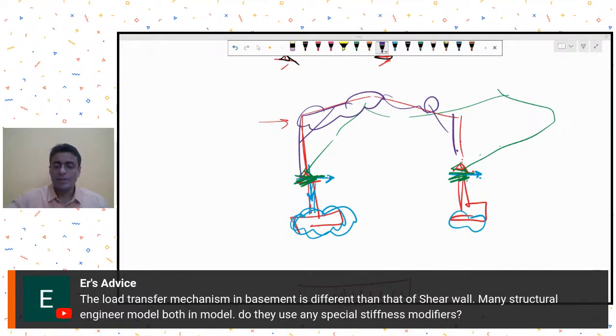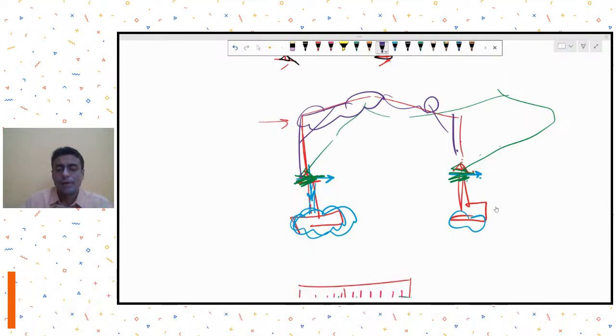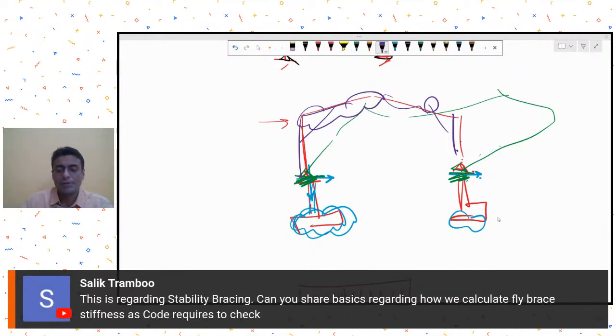But then you can decide: if the basement wall is taking a lot of in-plane forces also, maybe you could give them the same modifier as you give for the shear walls. But yeah, I agree that there is lack of clarity in the code for the stiffness modifier for basement walls, especially when it gets connected with the shear walls. Okay.